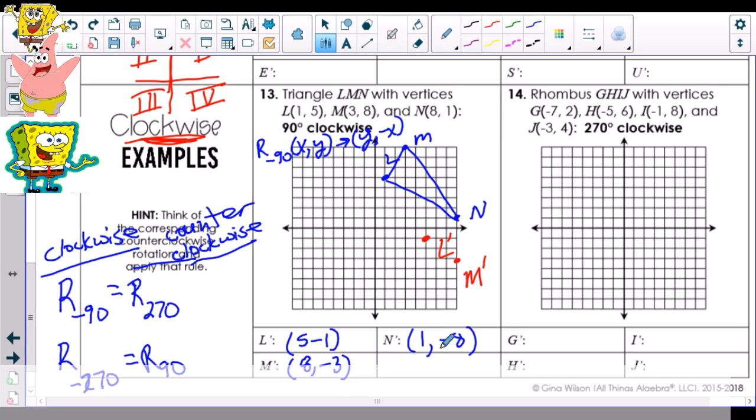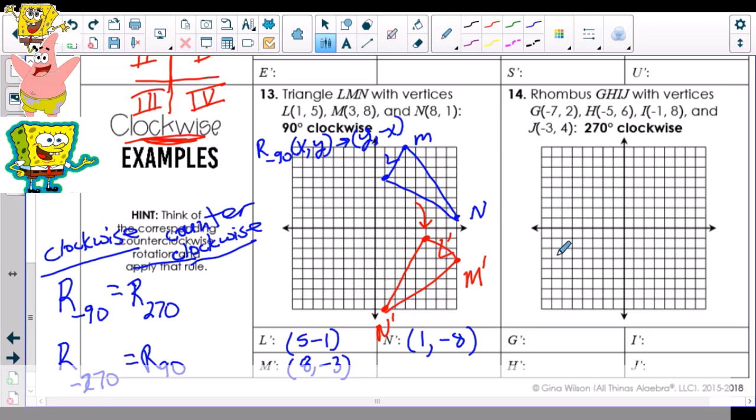Then N prime is at (1, negative 8), way down here. And so that rotates it in this direction right there. We rotated it in the negative direction. In graphing, clockwise is negative. So we're going that direction, and everything made that turn.